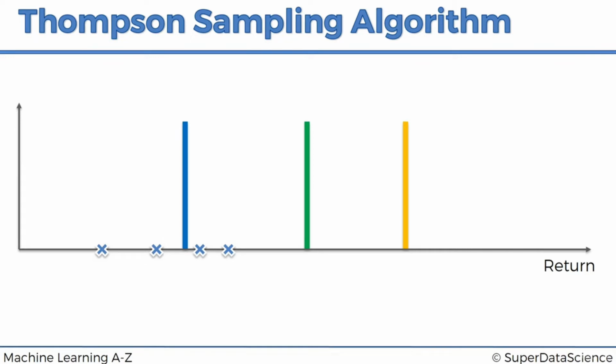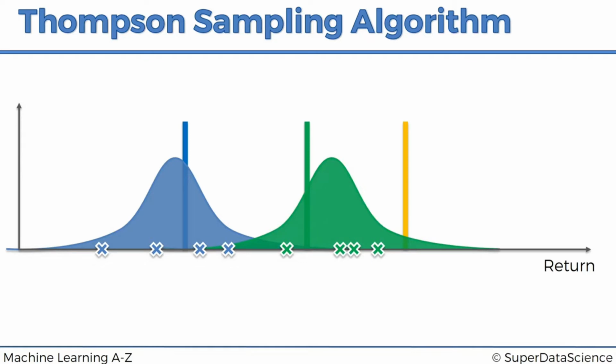and based on those trial runs, the Thompson sampling algorithm, this is where it starts getting different to the upper confidence bound, will construct a distribution, right? So we'll get to this distribution in a second, what it means. But for now, let's just do the same thing for the green machine.